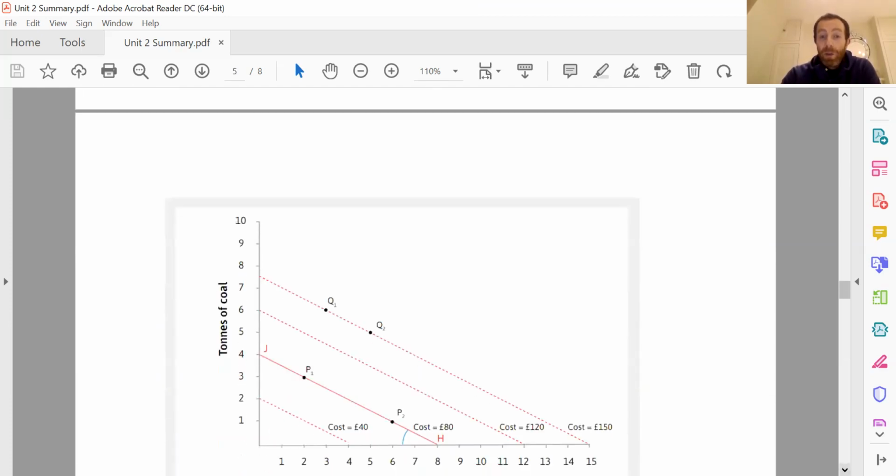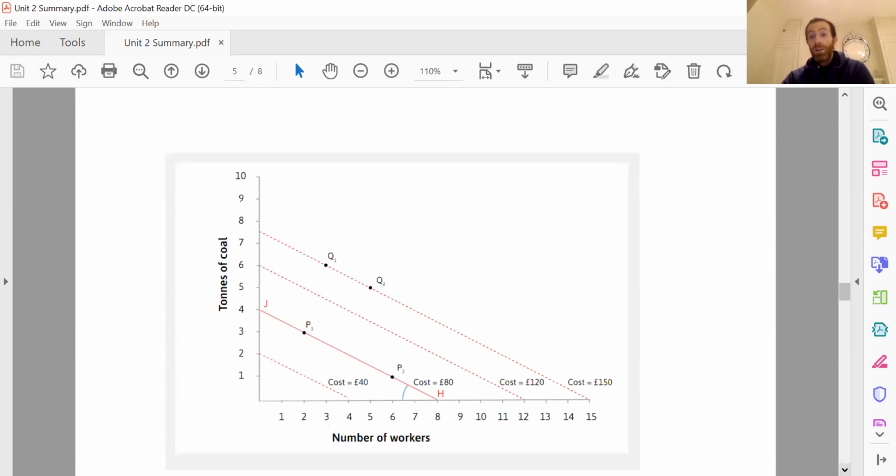And that second ingredient is the idea of isocost lines. So where do these come from? Well, it's a simple bit of our model, really. If I write down an equation to represent my total cost, the total cost of the firm, let's call it capital C. And we've only got two inputs, the number of workers and the tons of coal.